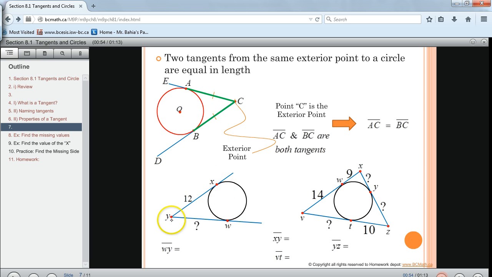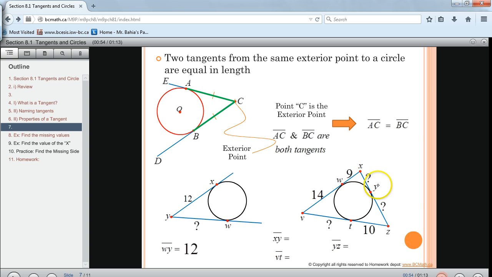So there's an exterior point. There's a point of tangency, another point of tangency. If that's 12, what length must this be? Well, according to this rule, it should be 12, shouldn't it? And it is. Okay, how about here? XY. We don't know what XY is. There's the exterior point. WX shares that exterior point. So that's 9.